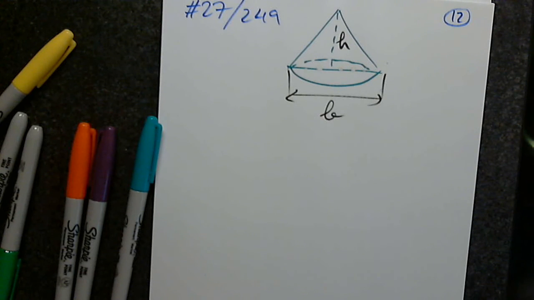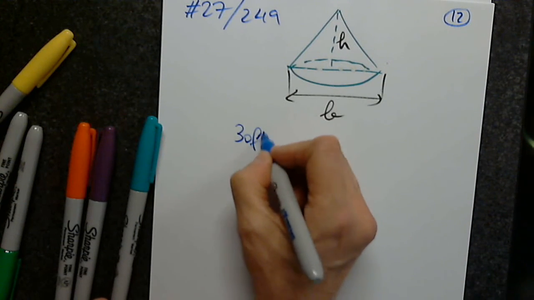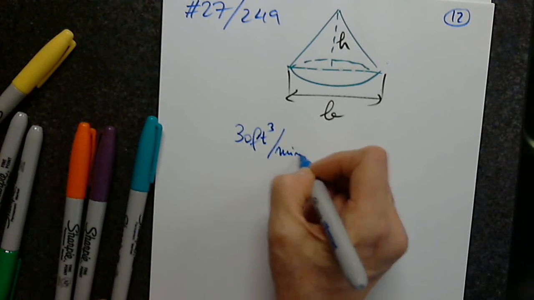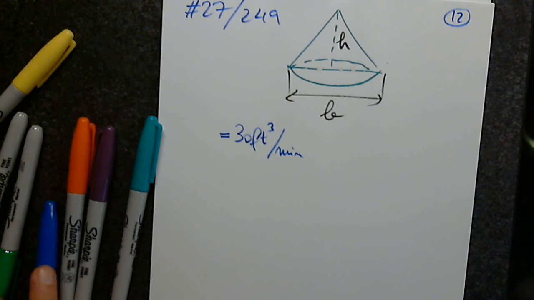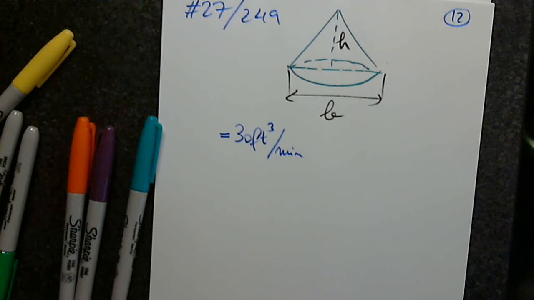So gravel is being dumped from a conveyor belt at a rate of 30 cubic feet per minute. I need to establish what this is. Let's think.